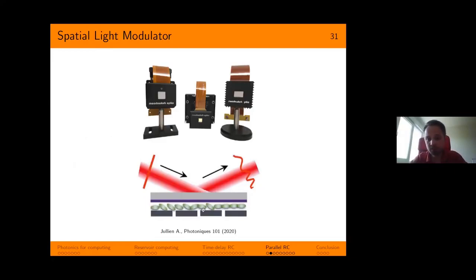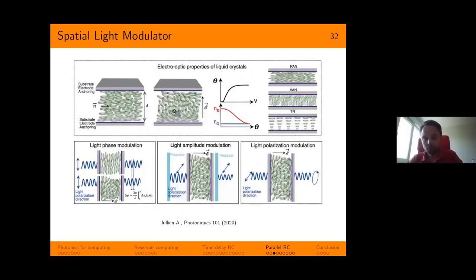They are very similar to a liquid crystal screen. They are composed of a layer of liquid crystals, but they don't have a polarizer on the top. So the electro-optical properties of these liquid crystals enable us to locally change the phase of the propagating readout light.